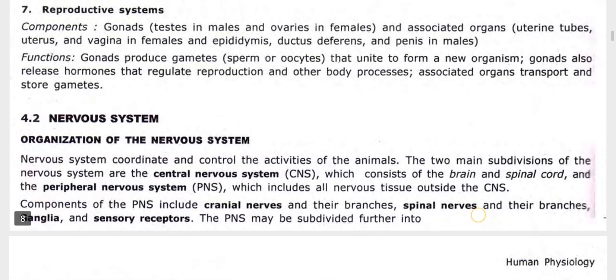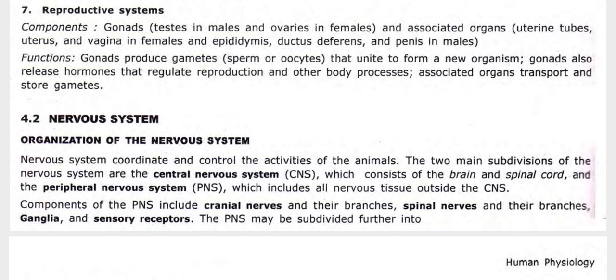Once again, organization of the nervous system. The nervous system coordinates and controls the activities of the animal. The two main subdivisions are the central nervous system, which consists of the brain and spinal cord, and the peripheral nervous system, which includes all nerve tissue outside the central nervous system.